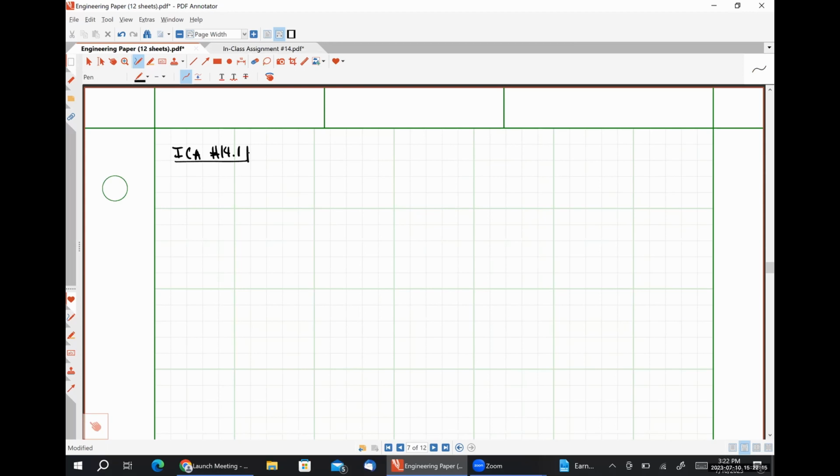And let me pull it up on my second computer here, just so that I can see it and not have to drive you guys crazy switching back and forth between screens.